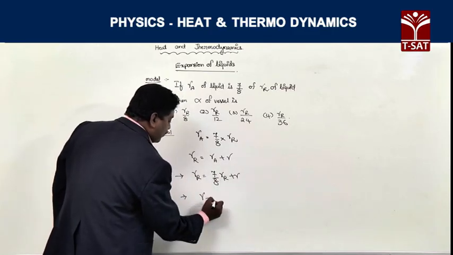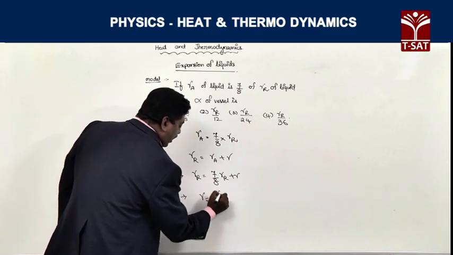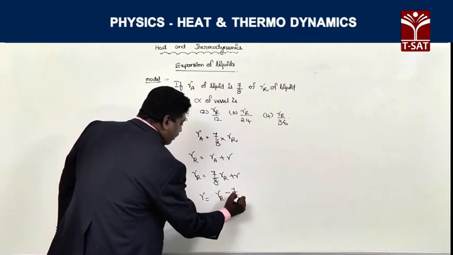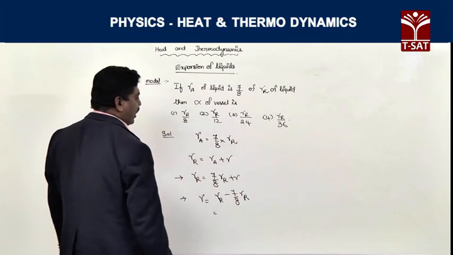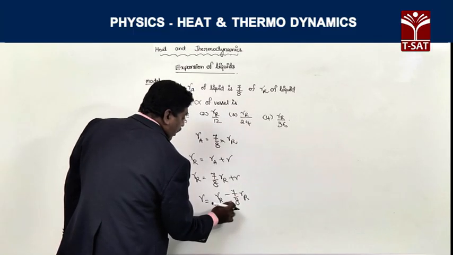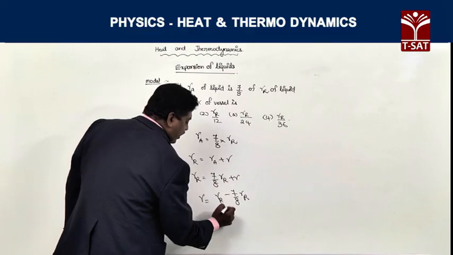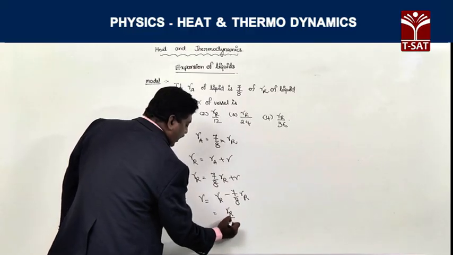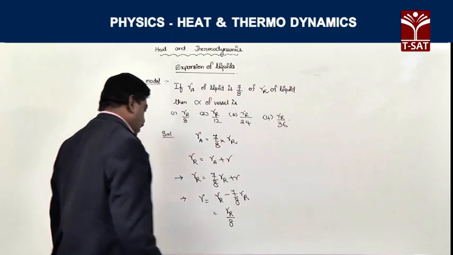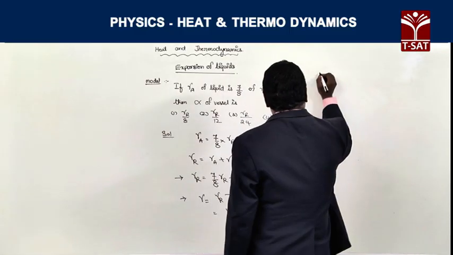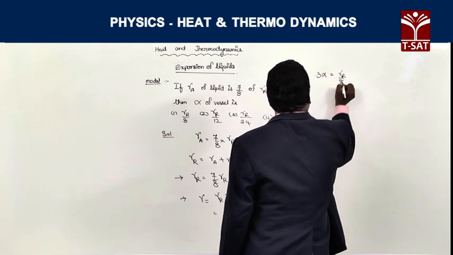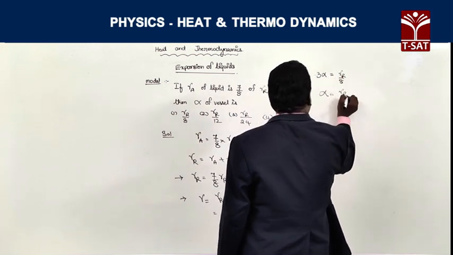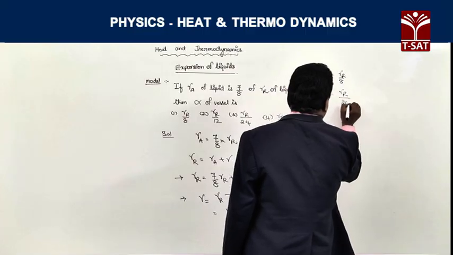Then gamma equals gamma R minus 7/8 gamma R, which is 8 gamma R minus 7 gamma R, that is gamma R by 8. Now put gamma equal to 3 alpha. So 3 alpha equals gamma R by 8. Then alpha is given as gamma R by 24.